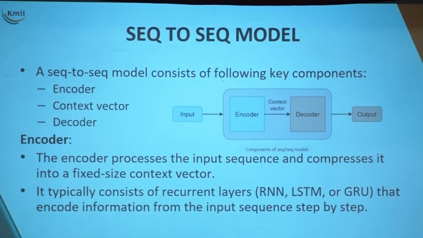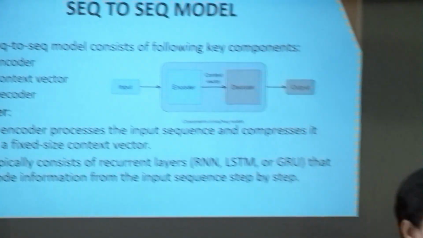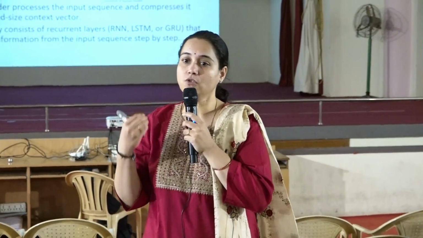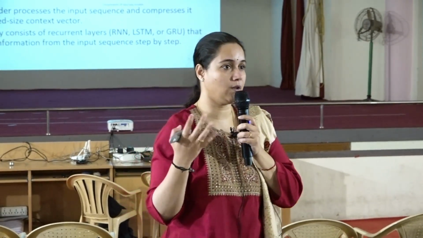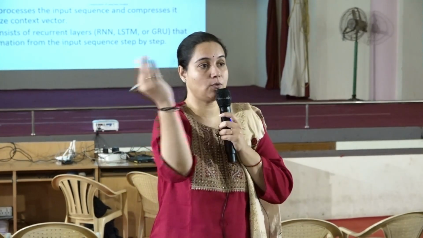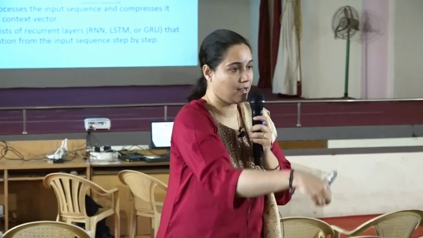What exactly does a sequence to sequence model have? As I told you, it is again a neural network architecture but it has an encoder and a decoder. Let me be very clear here, guys. I am not going to explain sequence to sequence modeling again in depth. I am going to teach you the concepts I need for the attention mechanism. For building a transformer, it is completely through encoder, decoder and attention.